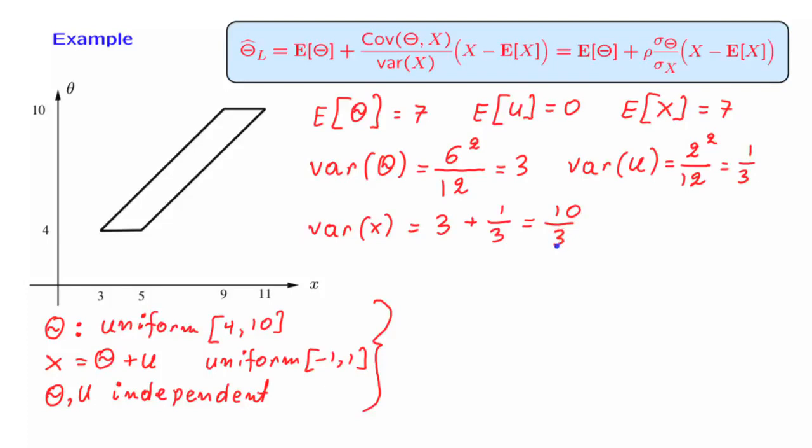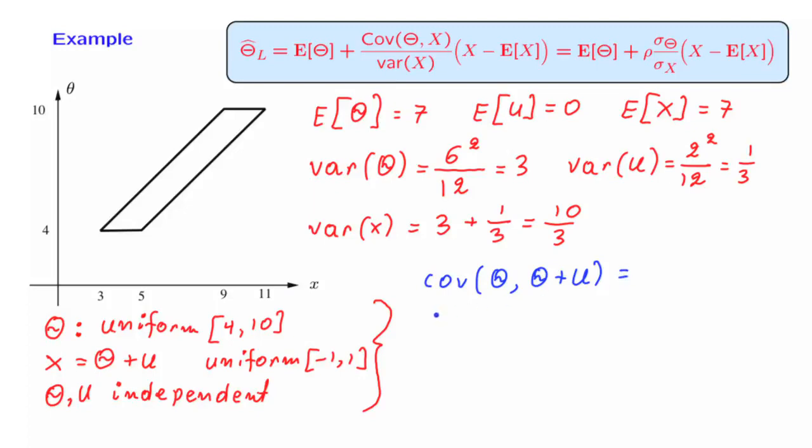Now let us try to calculate the covariance term. The covariance of theta with x is this expression, because x is theta plus u.